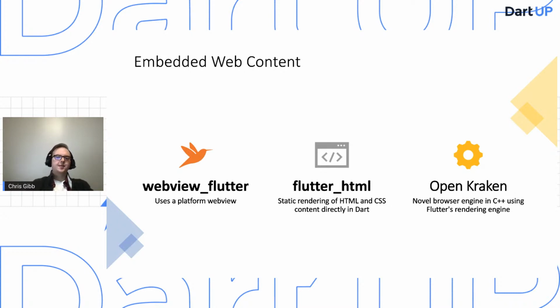And OpenKraken supports custom HTML tags implemented in Flutter, as well as support for JavaScript execution out of the box through QuickJS, with support for things like direct bytecode execution and what look like some pretty rich JavaScript method channels.